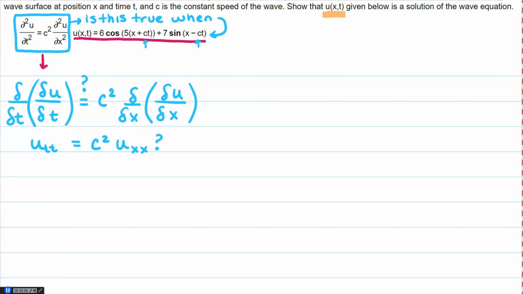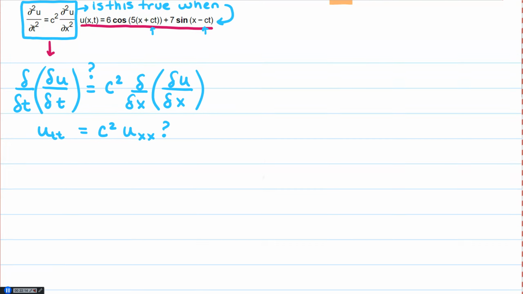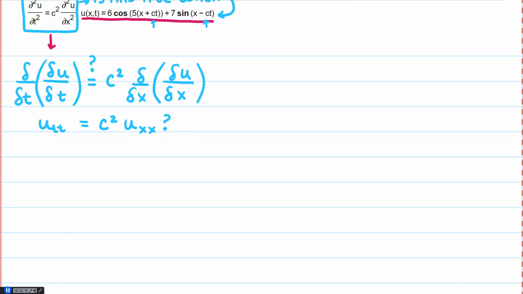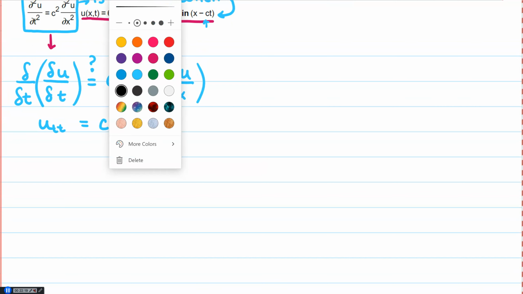So now what we have to do is find u sub x and u sub t, and then find their second derivatives, u sub tt and u sub xx. So let's write down our function first.